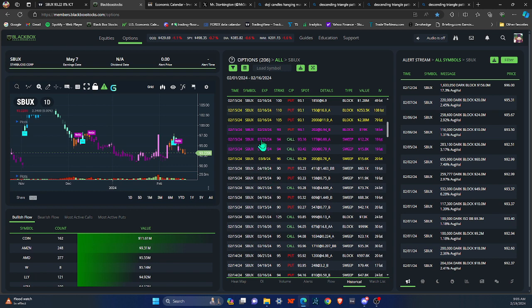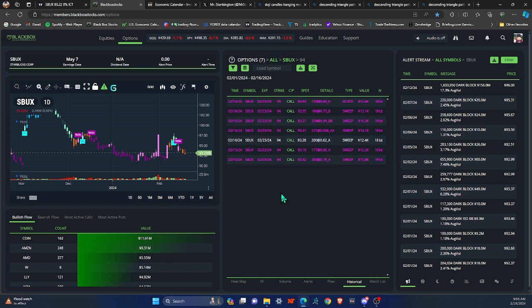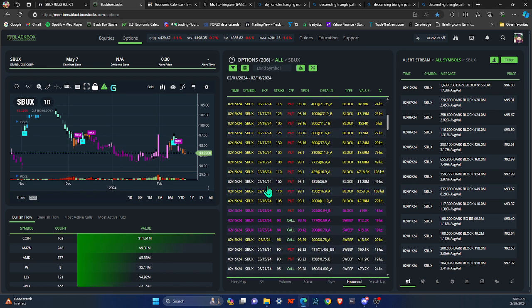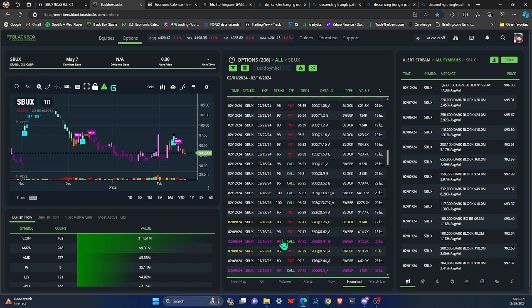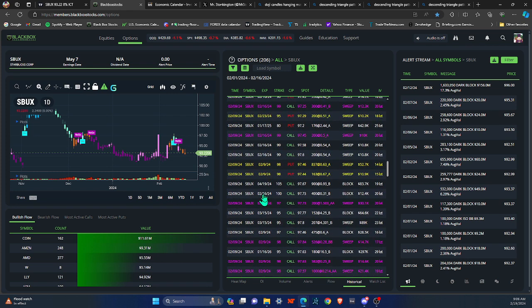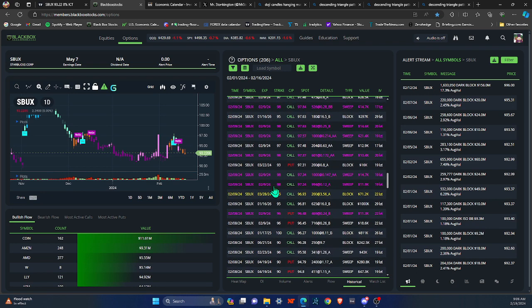Let's see what else we've got. These aren't bad, not a lot of money on them, but this week's 94s, I'd be interested to see if we get some action this next week on those. What else do we have? They went out to 2026 on some 95s and some 100s. That's interesting, looking for leaps on Starbucks.